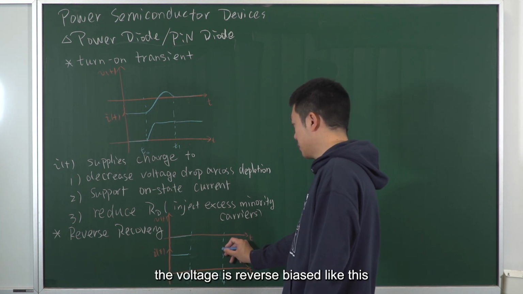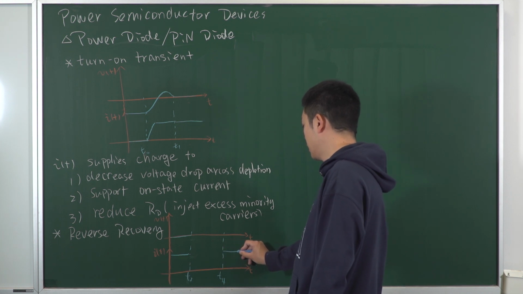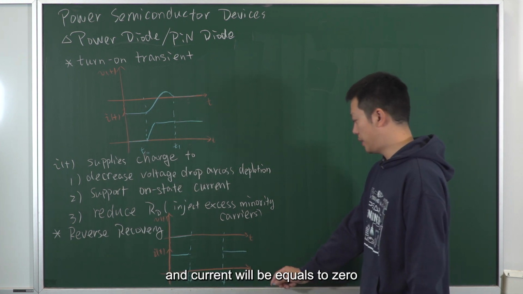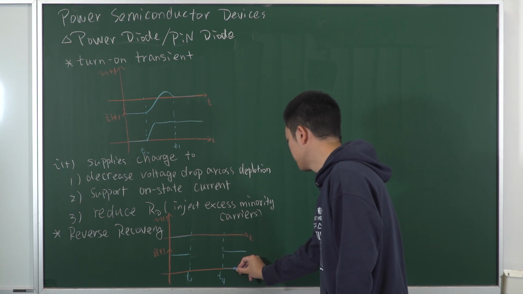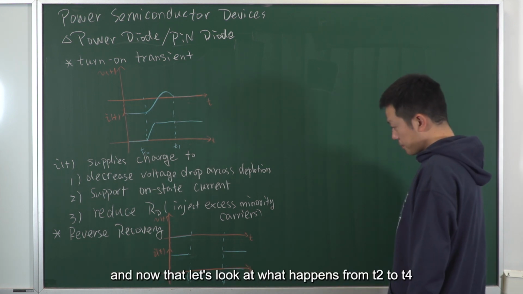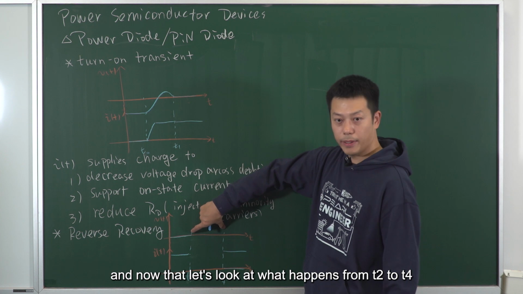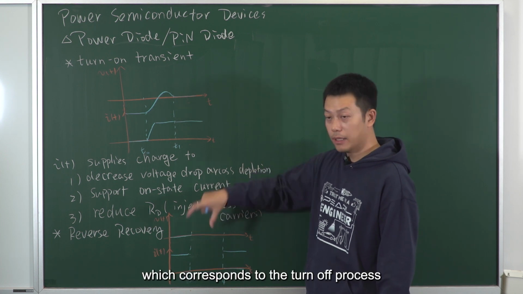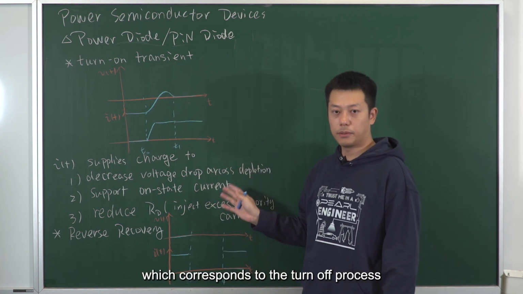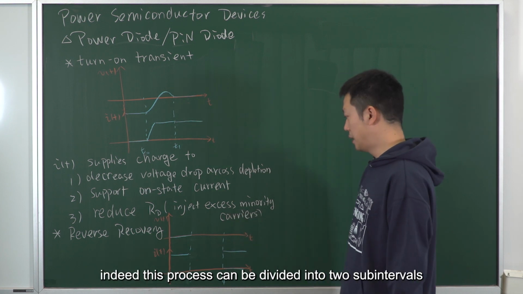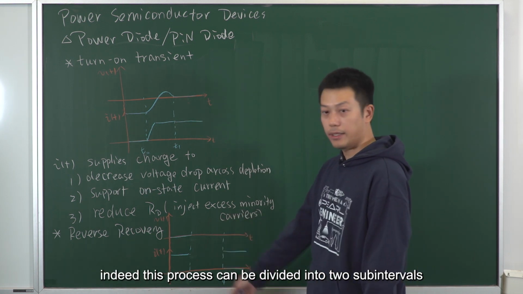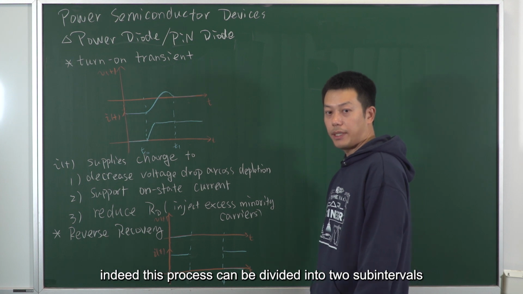The voltage is reverse biased like this, right? And the current will be equal to 0. And now let's look at what happens from T2 to T4, which corresponds to the turn-off process.